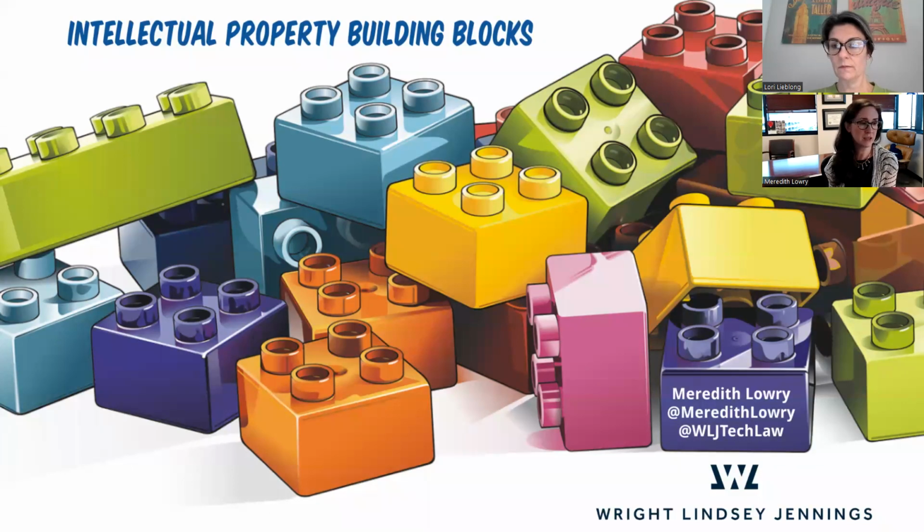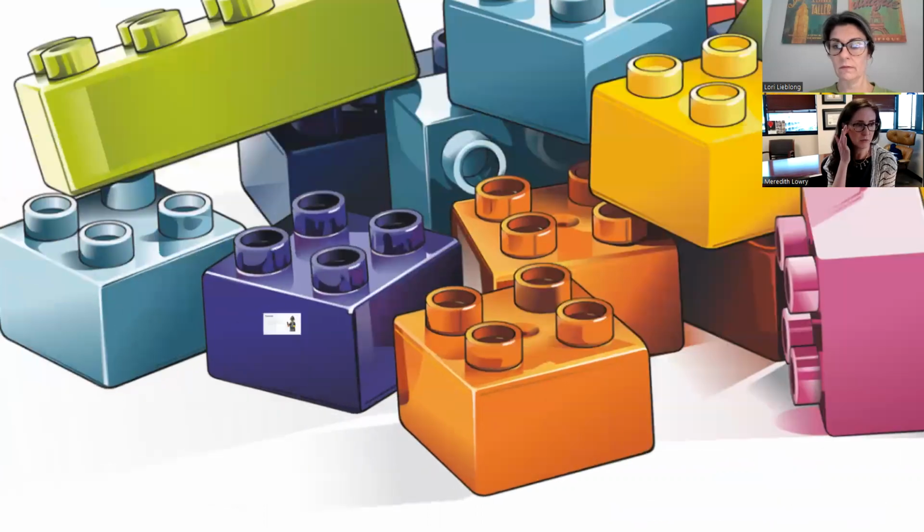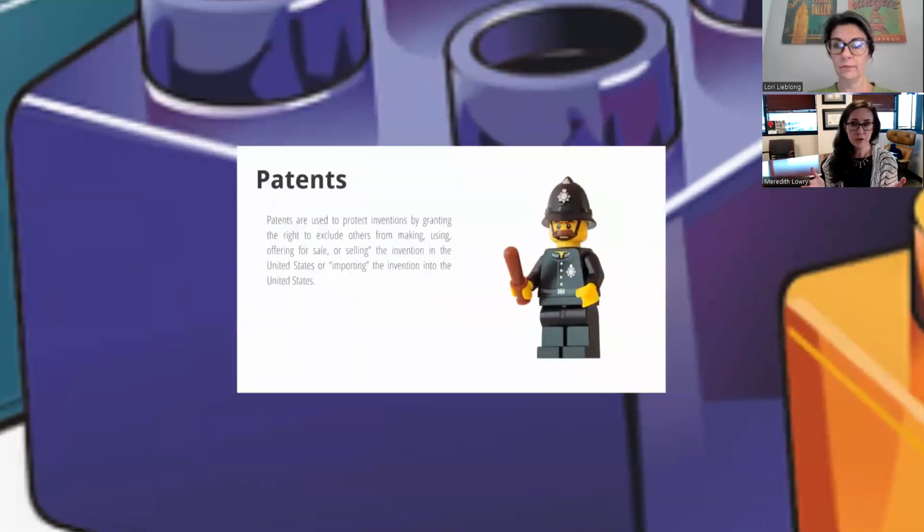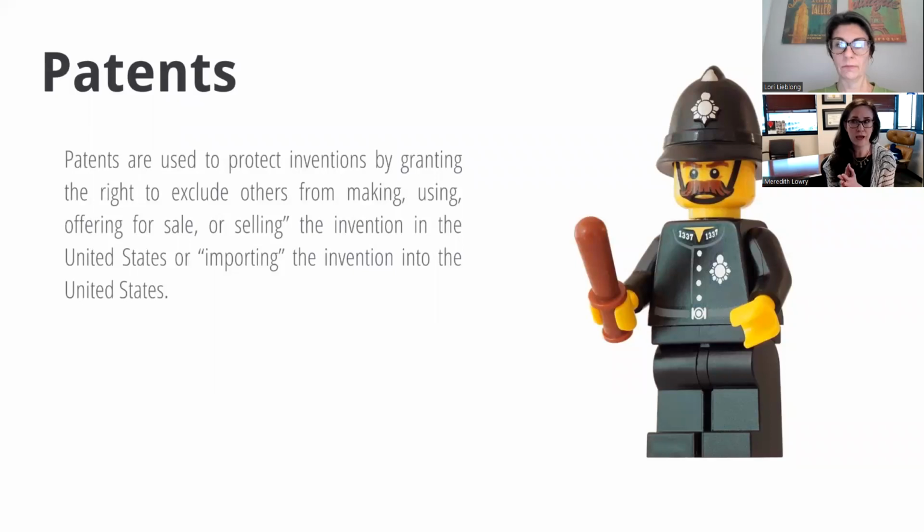So we're going to talk about patents first. When we look at all of these properties, there are two ways of looking at acquisition of patents, trademarks, and copyrights. There is the business decision to have that business asset. There is also the desire to stop others from doing something that is a competitive advantage to you.